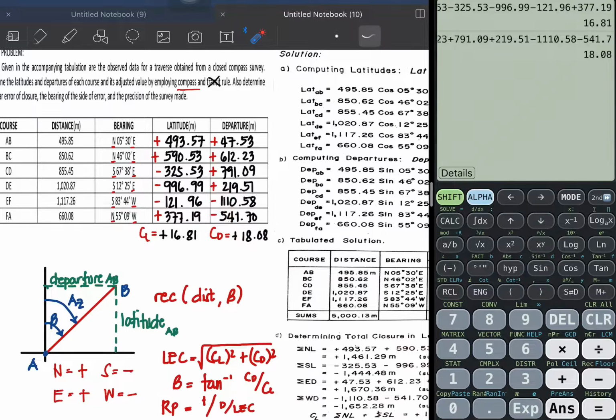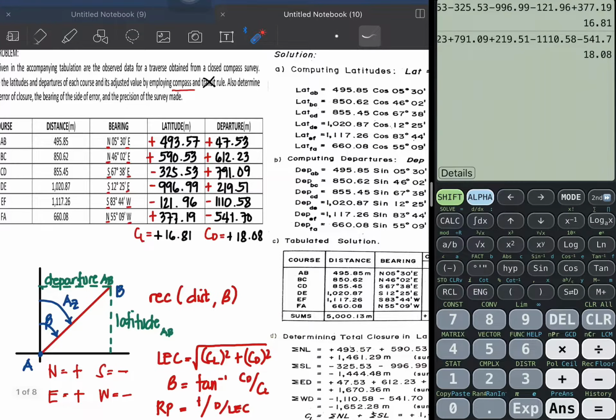So you need to have those numbers so that you can now decide whether your correction is to be added or to be subtracted. If your north latitude is bigger than your south latitude, the correction of north latitude, since that is bigger, is minus, and the south latitude, which is smaller, add or plus the correction.